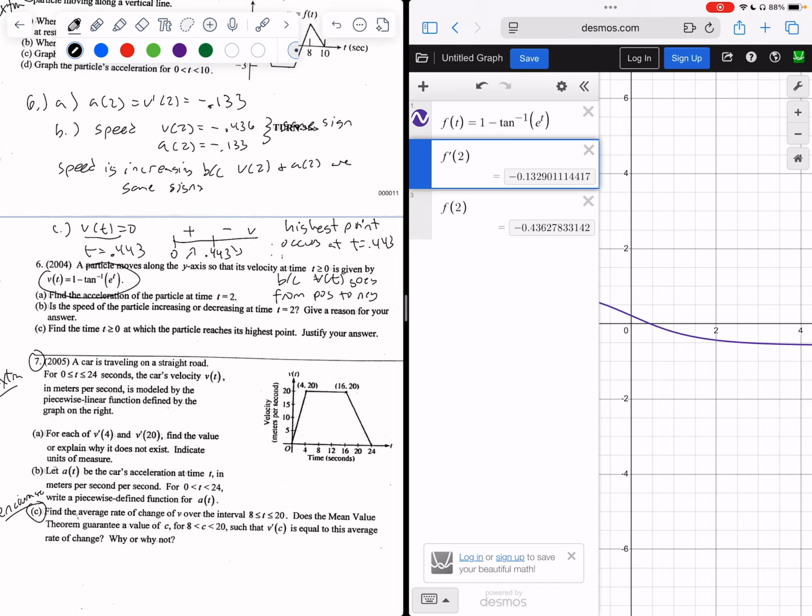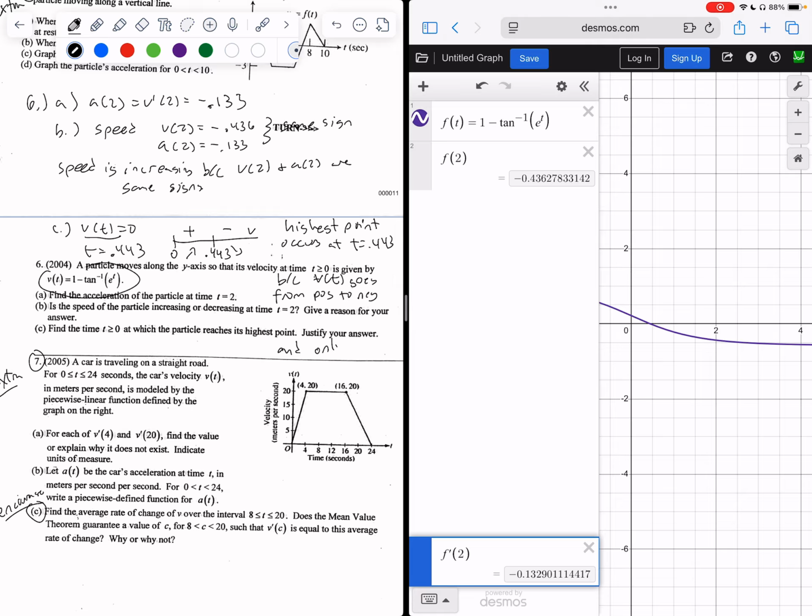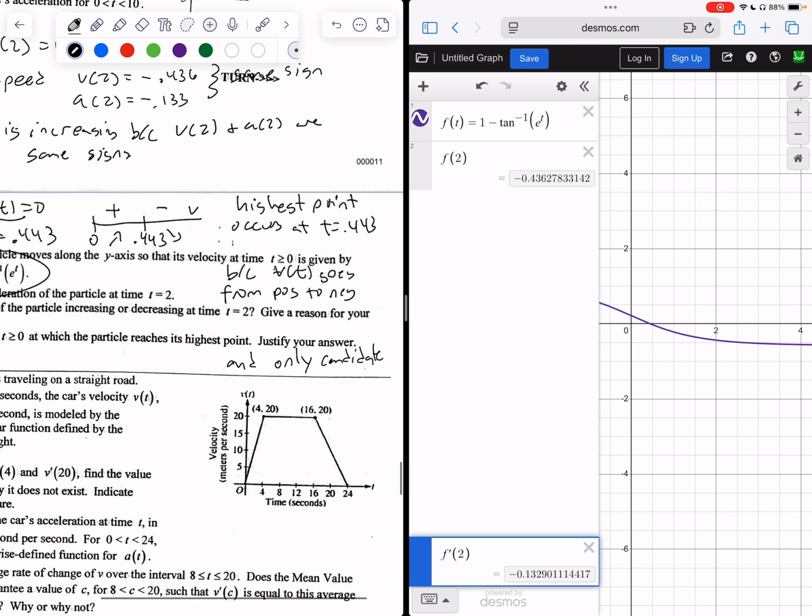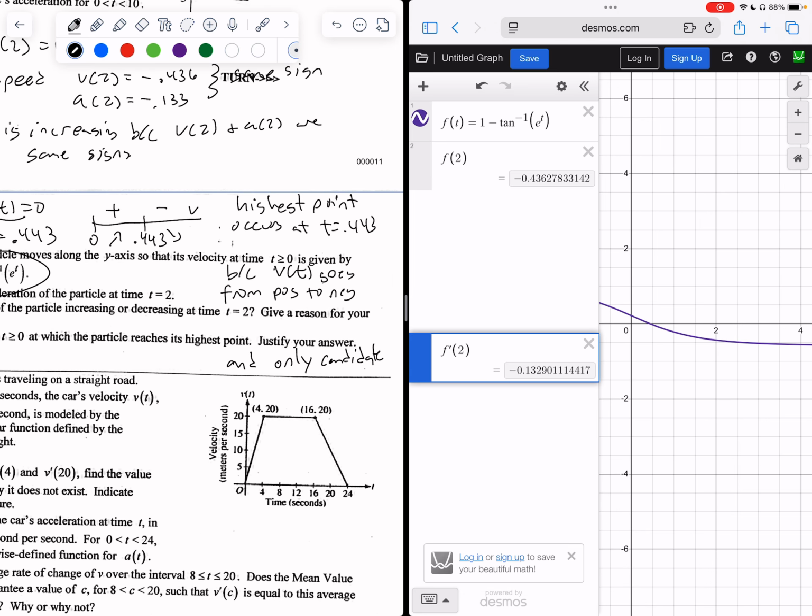So I'm saying now that it is a relative maximum and it's the only candidate. This is what's called the only candidate rule. At this point it is a relative maximum, but it's the absolute highest point because it's the only possible one, because we never go up again. So you have to kind of name both for that one.